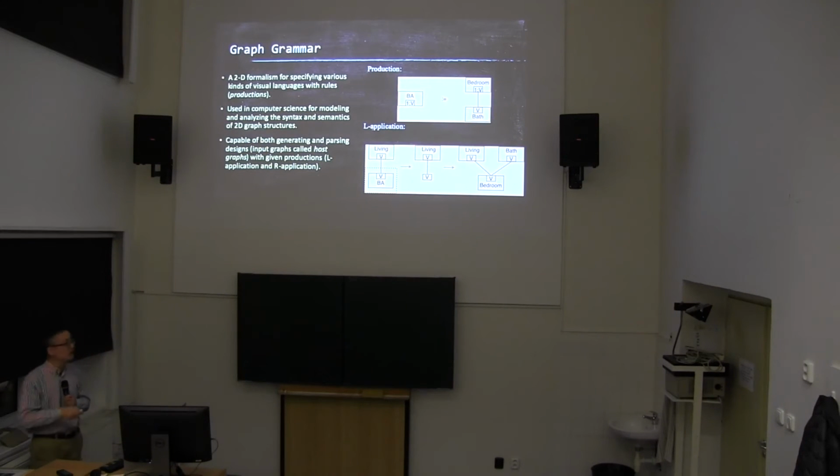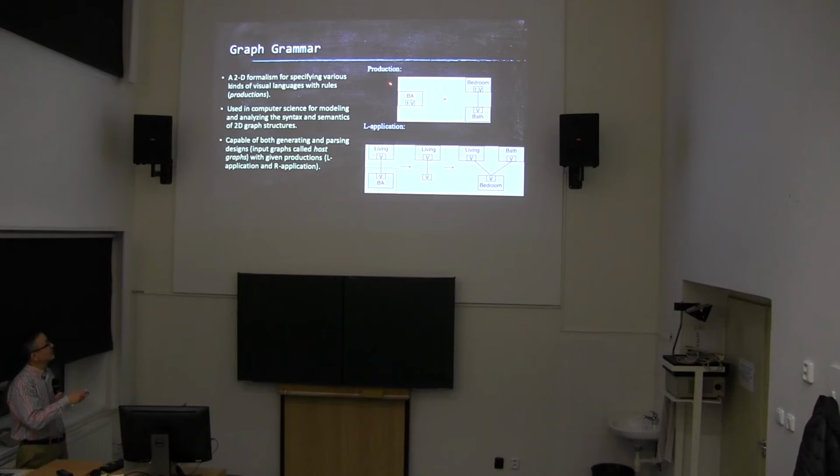That's how we use the so-called graph grammar. We have such a system that I have worked on for the past 20 years, quite a long time, on the graph grammar formalism. It's basically a 2D formalism for specifying various kinds of visual languages with rules. We call them productions, sometimes just rules.